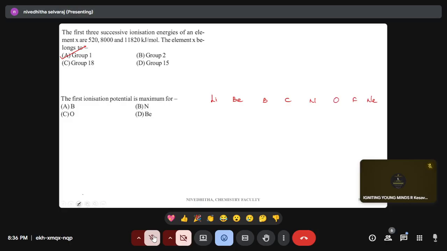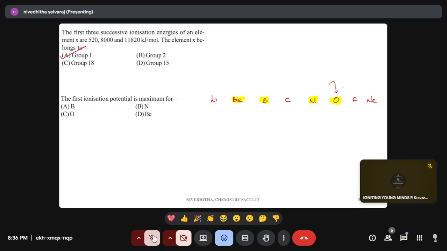And the elements what they are talking about is boron, nitrogen, oxygen, and beryllium. So we know that as we move from left to right in the periodic table, rightmost element will have the highest effective nuclear charge and highest ionization potential.